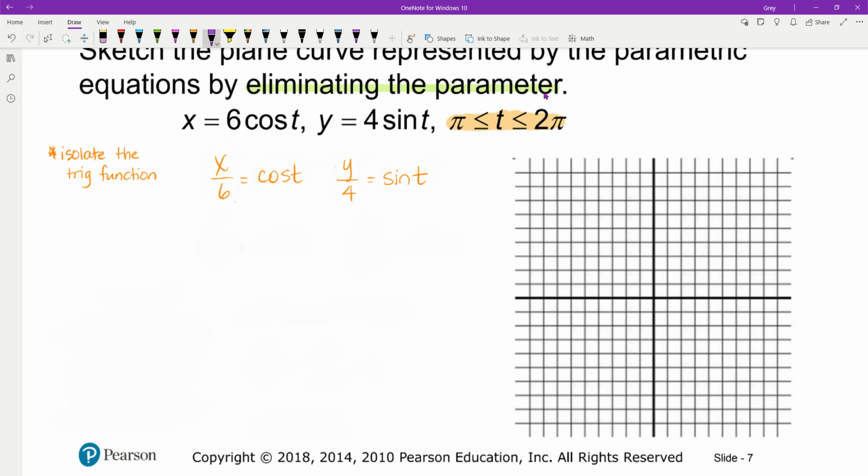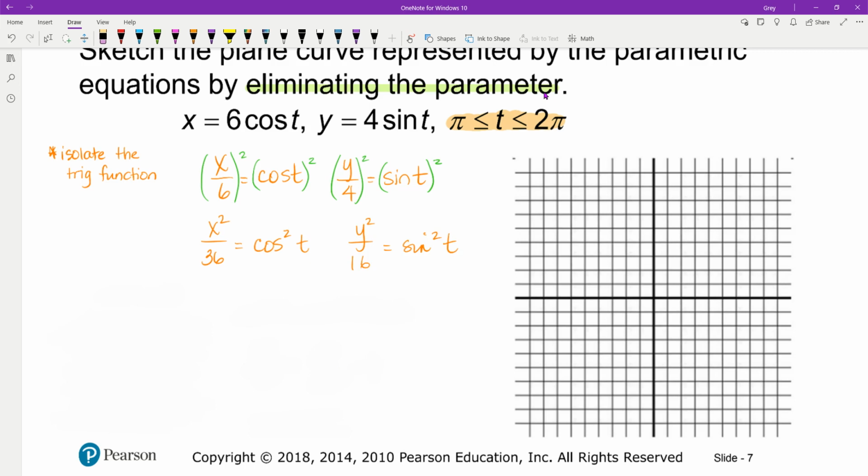And then the technique that you want to use to continue to eliminate the parameter is to square both sides of the equations. So when I do that, on the left side of my x, I get x squared over 36 equals cosine squared t. And then I get y squared over 16 equals the sine squared of t.